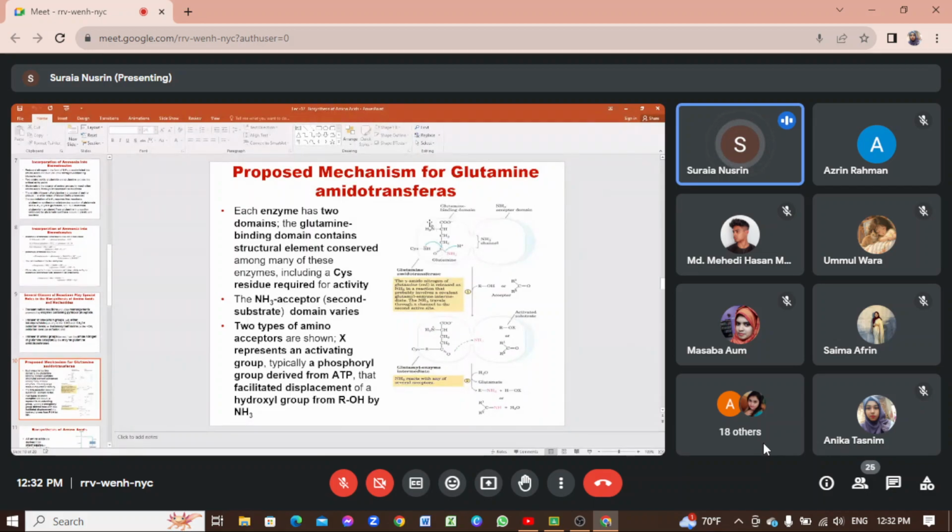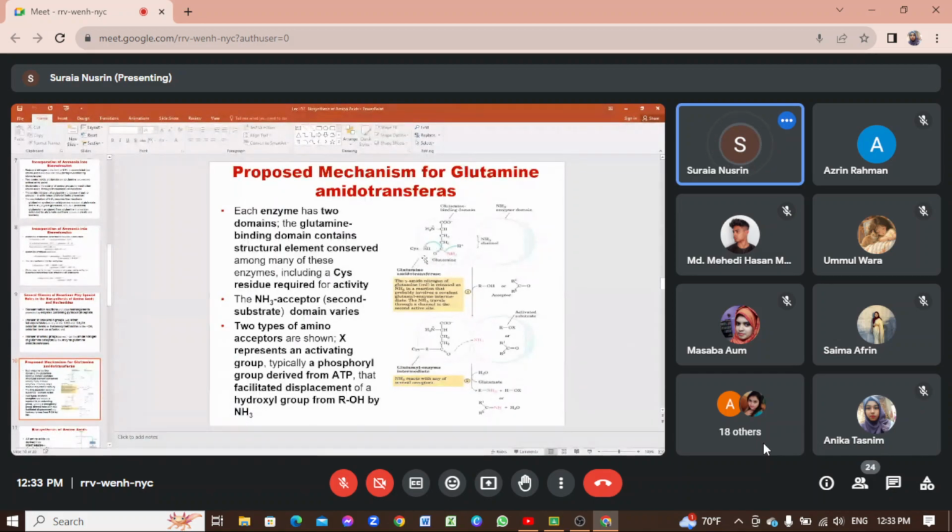Okay, now there is a specificity of the glutamine binding domain. There is a conserved element, and that is a cysteine residue present at the active site of this glutamine binding domain. If you look at the structure, the cysteine residue has the sulfhydryl group SH, and here is the glutamine amino acid interacting with the active site.